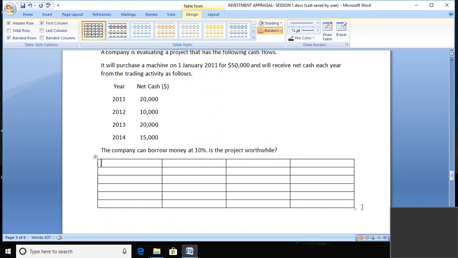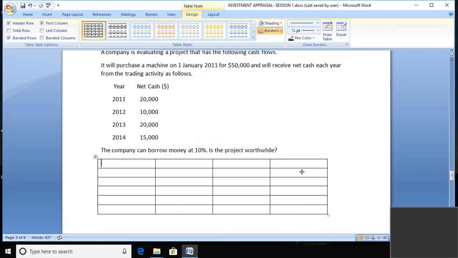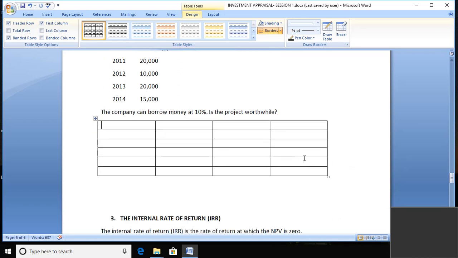In the first column, you will put years. Second column is your net cash flow. Your third column will be the discounting factor, DF.